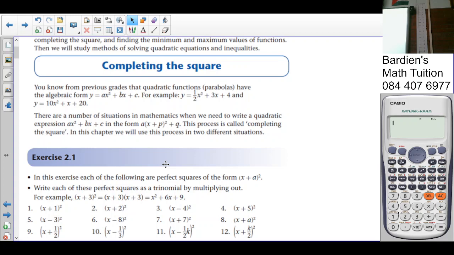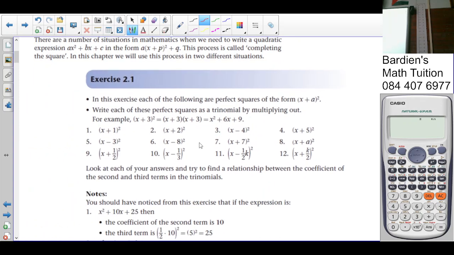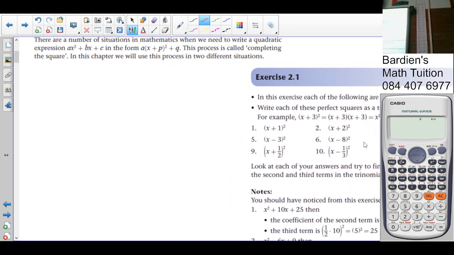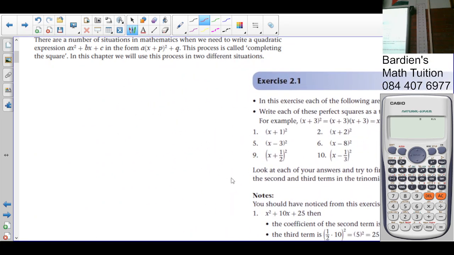So what we did was we took the first term. What I'm going to do is the first column for exercise 2.1.